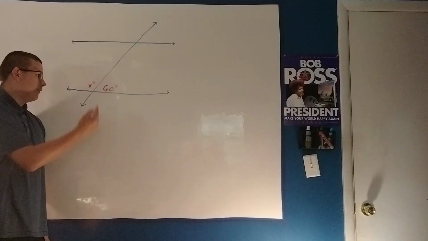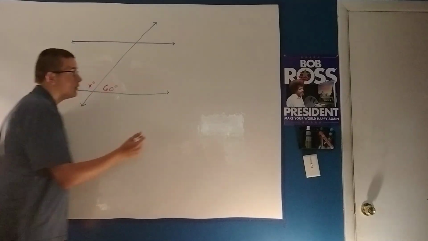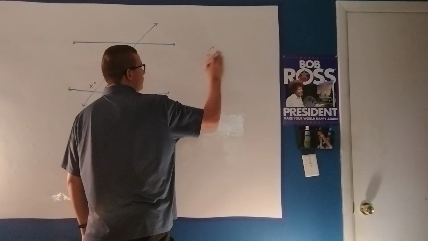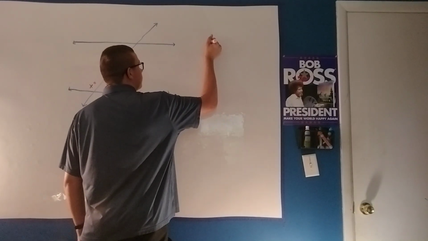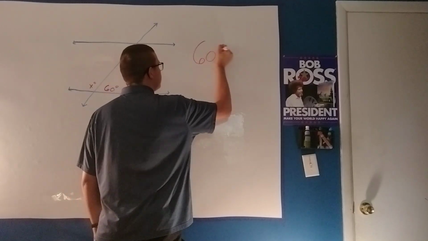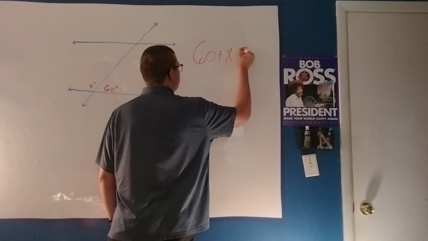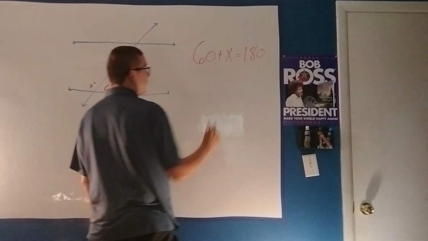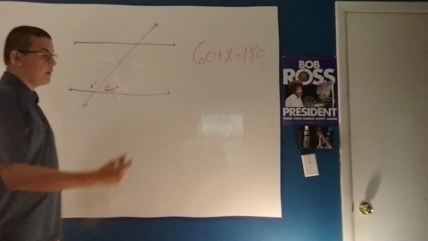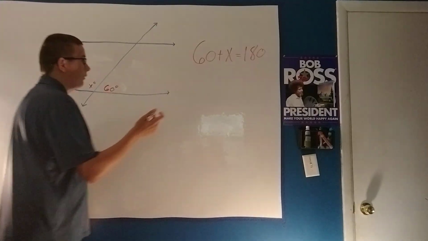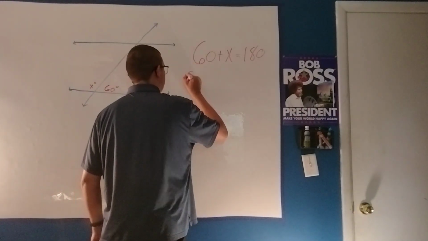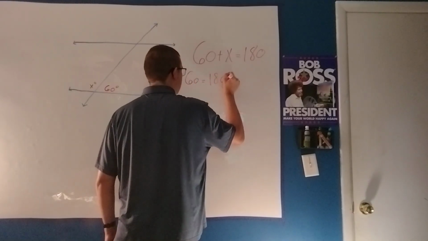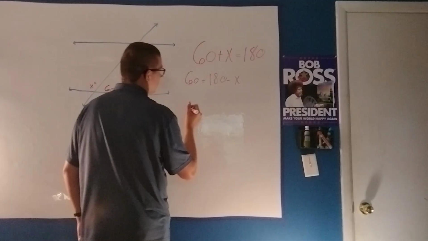So if 60 plus x equals 180, then you can just solve this from here.